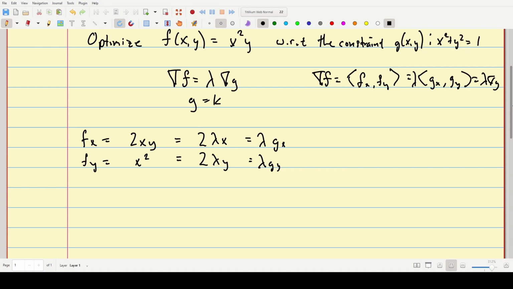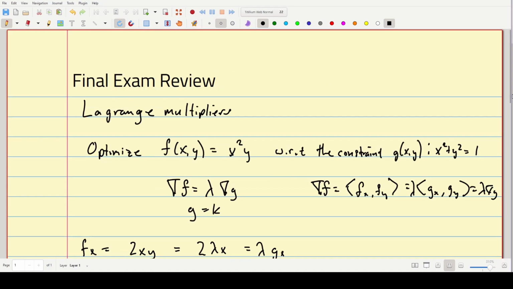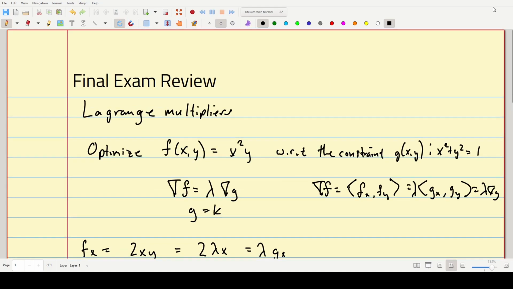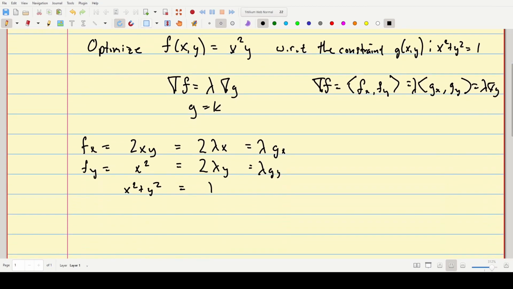But in order for me to write it as a system of equations, I have to set things equal component-wise. The final equation in our system is just the constraint equation. And so I need to solve this system of 3 equations and 3 unknowns.